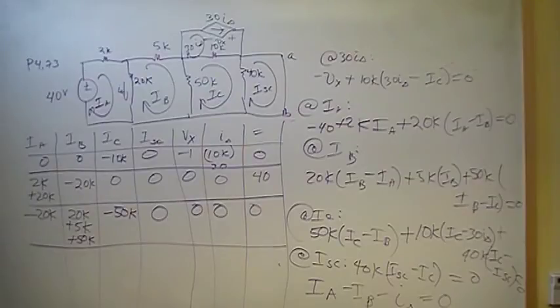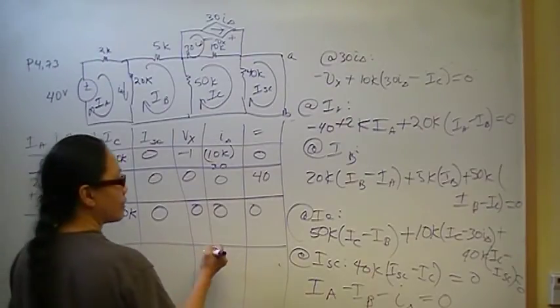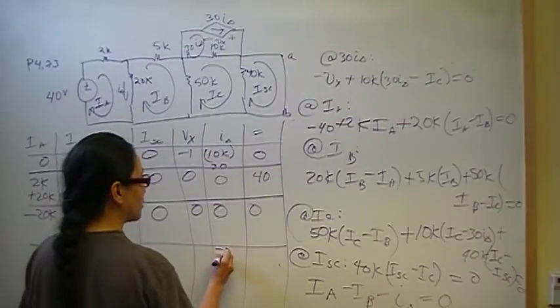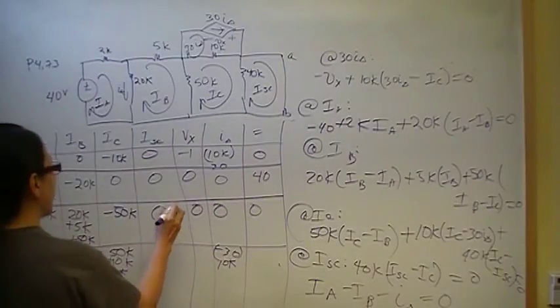So that's mesh at IA, IB, and then mesh at IC gives me 50k for IC, -50k for IB, plus 10k for IC, and then for I delta we have -30 times 10k, plus 40k for IC, and then -40k for I short circuit.